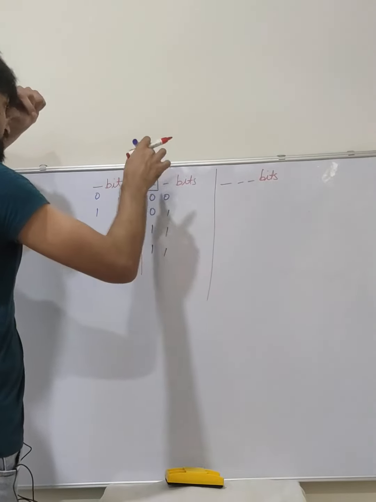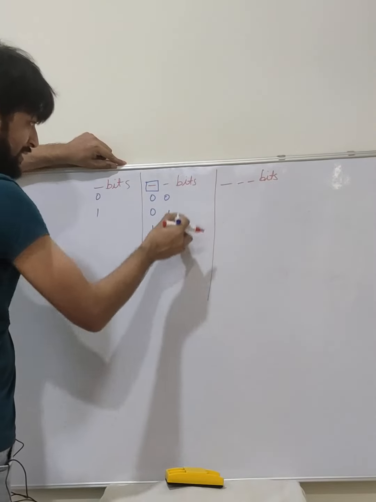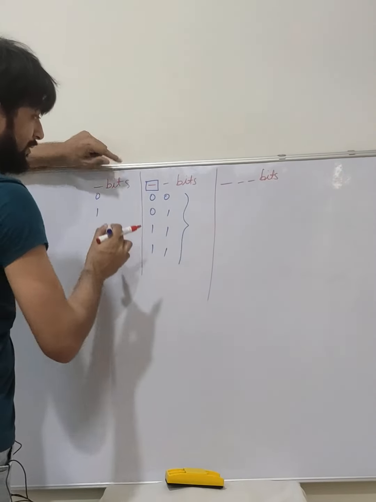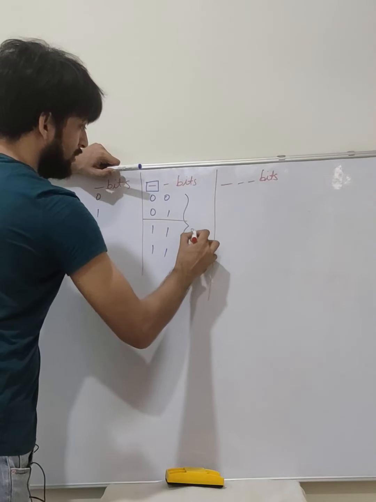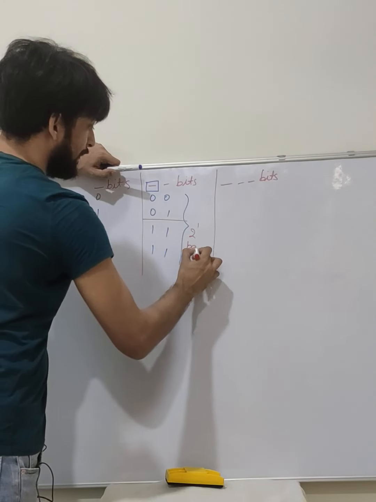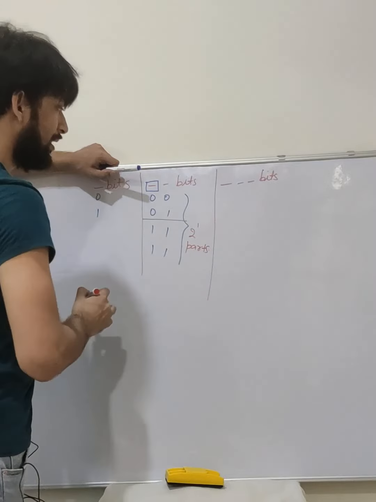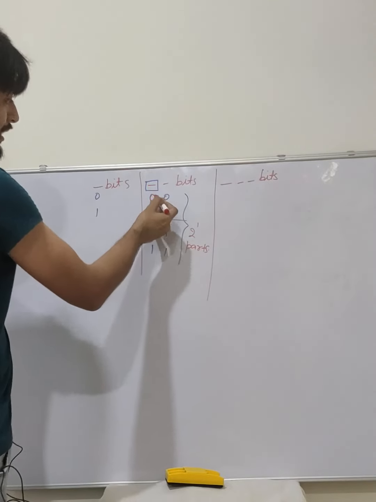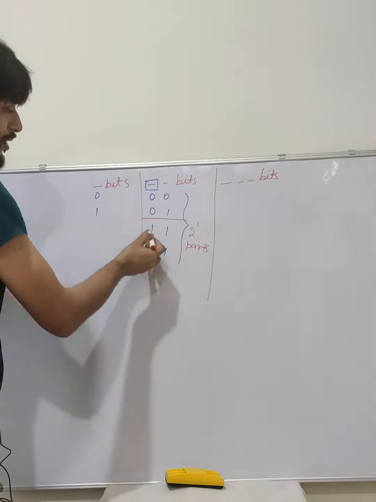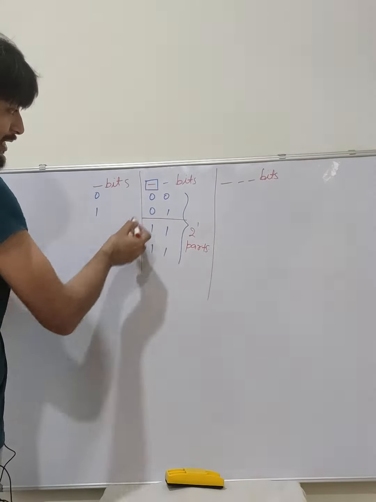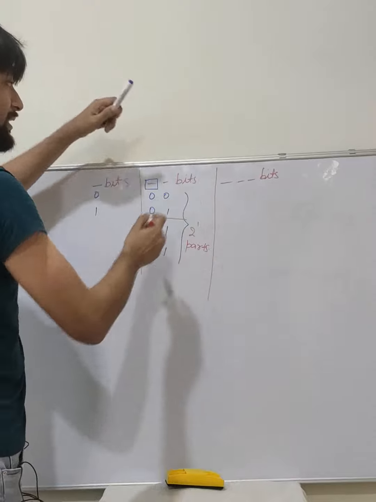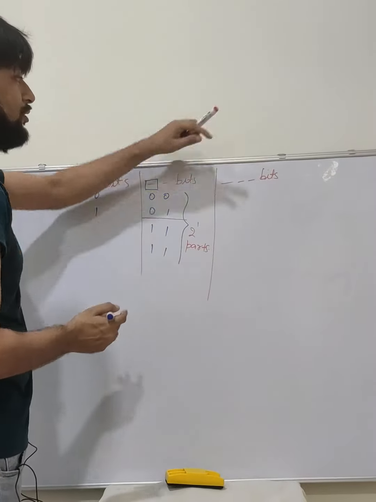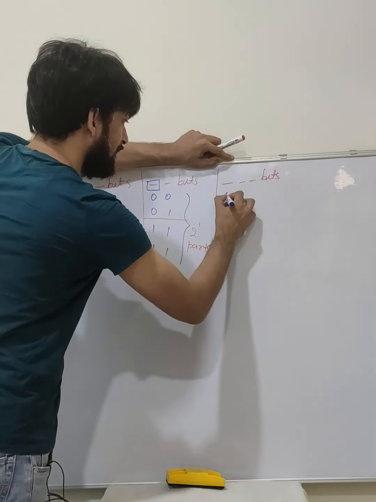If I choose one bit, then the entire number space is divided into 2 parts, which is nothing but 2 to the power 1 parts. How? In the chosen bit, either we choose 0 or 1. If there are 3 bits, how to fill these numbers?